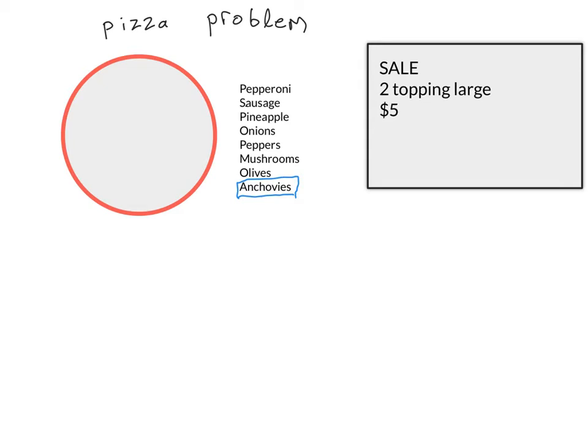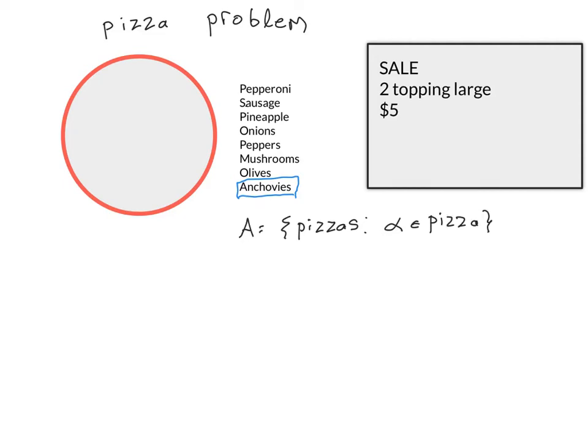First off, let's suppose that you are one of those weird people who actually likes anchovies, and you decide to put that on a pizza. Well, we'll call that set A. It's the set of pizzas where the anchovy is on the pizza.